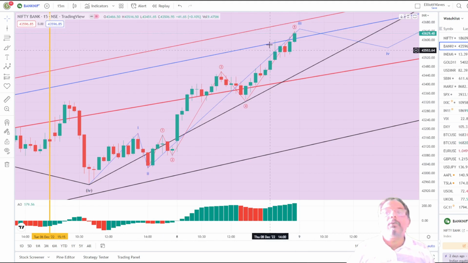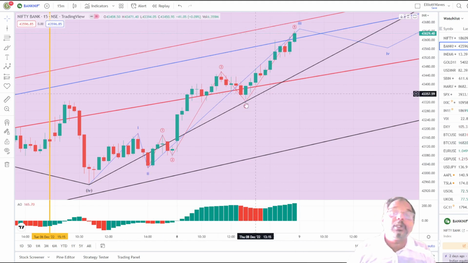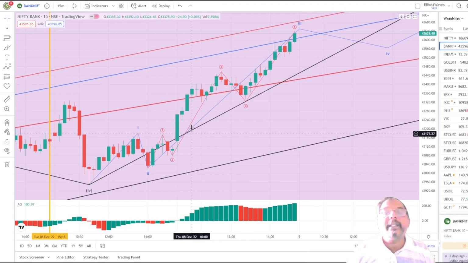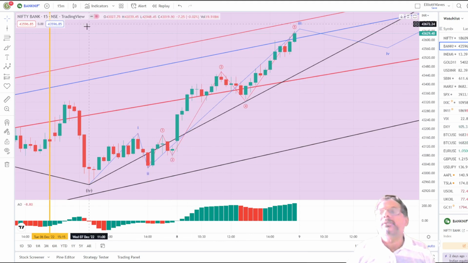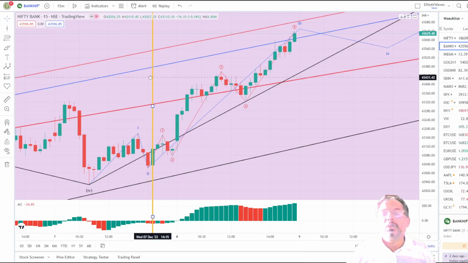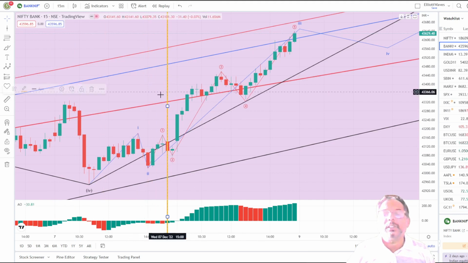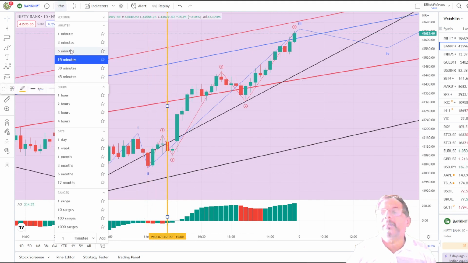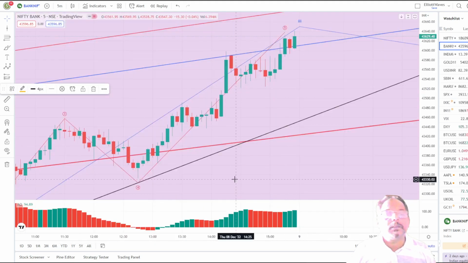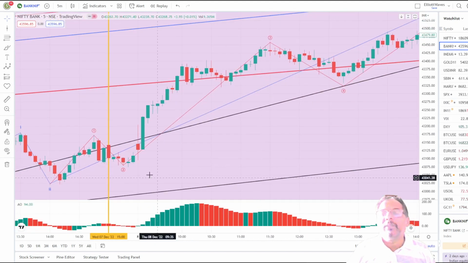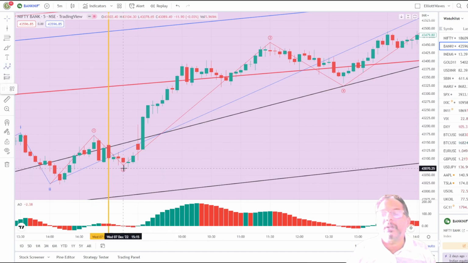Now if you ask me, I can go even more detailed than this. So if I go even more detailed, I'm just going to put it in here and go to the 5-minute chart. You are able to see 1, 2, 3, 4, 5, I think. If not, let me quickly draw it. You have the low here.